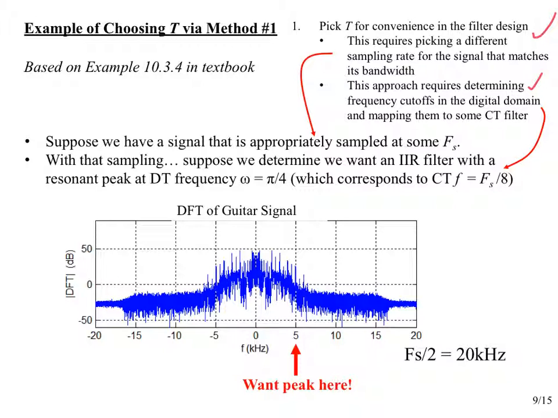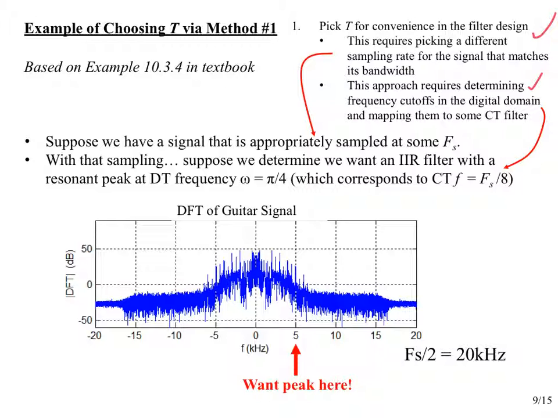So I'm going to illustrate this with an example of a guitar signal that we looked at in some earlier set of notes. We've taken a DFT of our guitar signal, so we've got a good idea of what the spectrum looks like and what ranges we might need to look at.